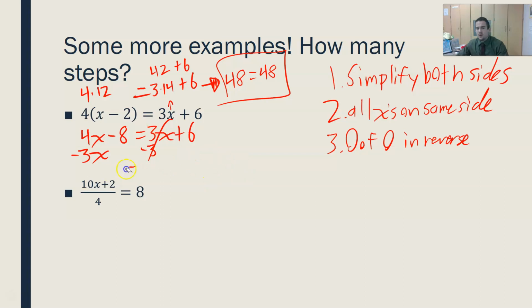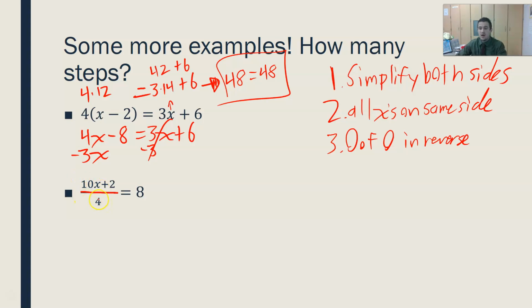Okay, over here I have 10x plus 2 divided by 4 equals 8. So, what do I need to do here? I have this big fraction. I don't really love this big fraction having stuff on top and on the bottom of the fraction. So in order to simplify both sides, I have this big fraction, which is basically a division sign, right?